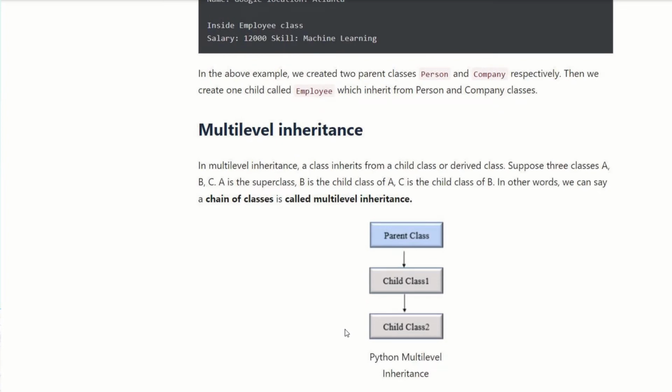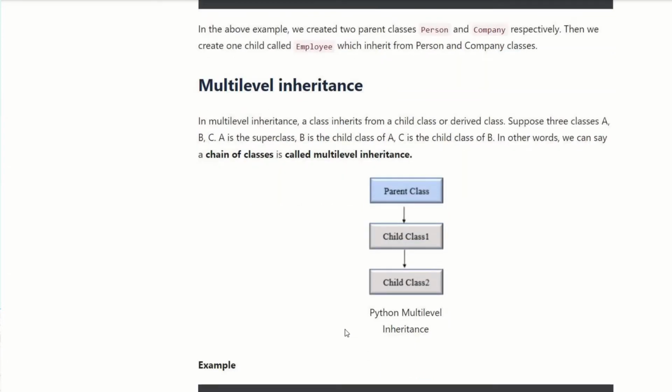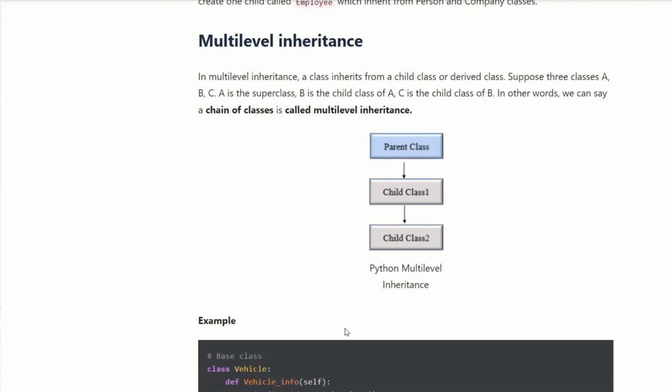We have here another type of inheritance, which is multi-level. This is different from the multiple inheritance. In this type of inheritance, a class inherits from a child class or derived class.